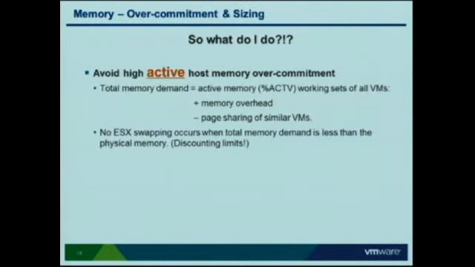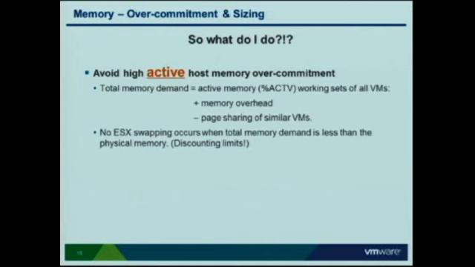So in this case, what do you do? The bottom line here is to avoid high active host memory overcommitment. Your total memory demand on your ESX host is the sum of the active memory sets of all VMs, so percent ACTV or memory active in the vSphere client, plus the memory overhead, the memory that's required to keep that VM even virtualized, minus the page sharing of similar VMs.